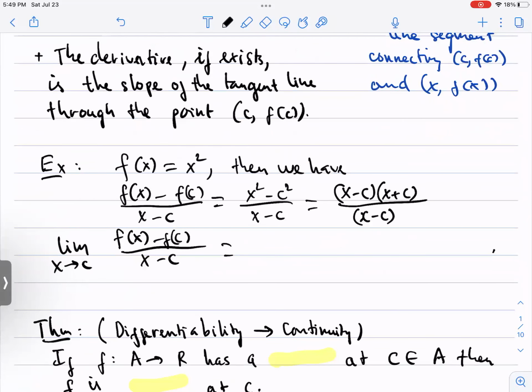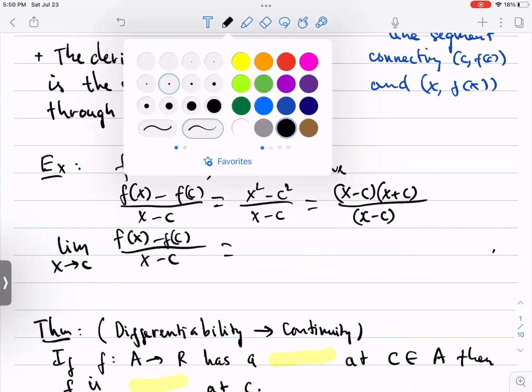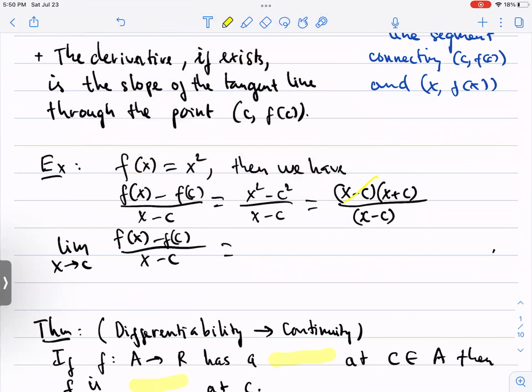Both the numerator and the denominator have the same common factor, x minus c, so they cancel out each other. That's why the limit of the expression is exactly equal to the limit when x approaches c of the expression x plus c. By what we learned from a previous chapter, this is equal to c plus c, which is equal to 2c.